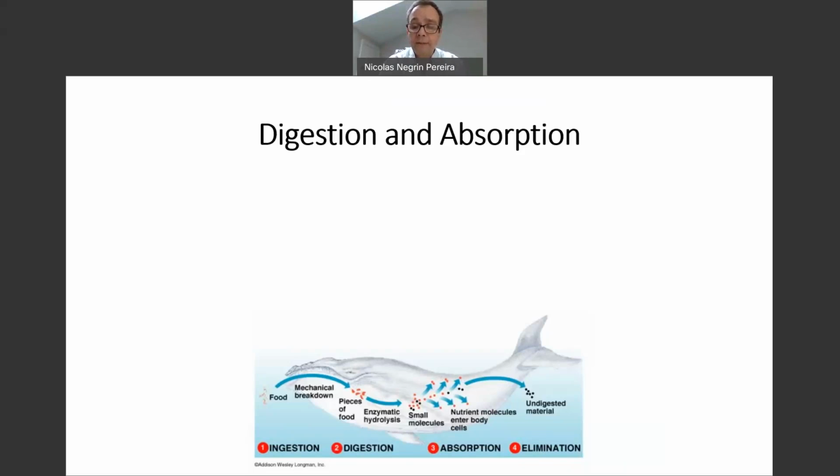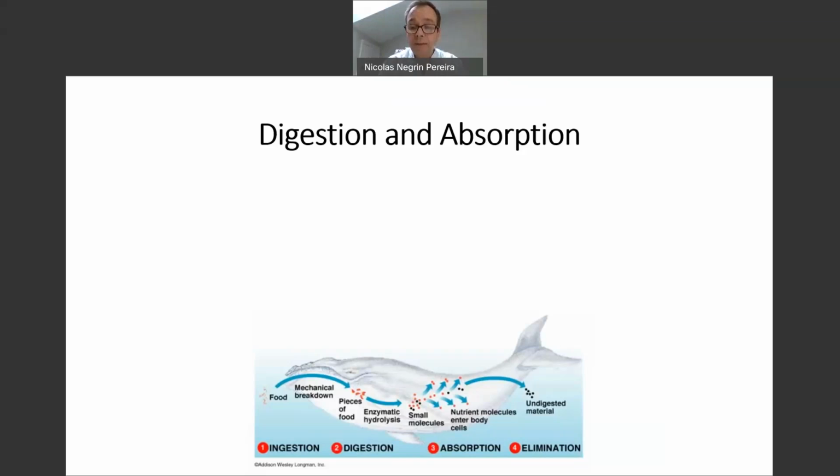This enzymatic process is mainly done by hydrolysis. That implies the active participation of water to help break down the chemical bonds, where, as we talked about in our first lecture of this course, energy was stored in chemical bonds in food. So this food is going to be broken down into smaller molecules, mainly to their basic structural unit.